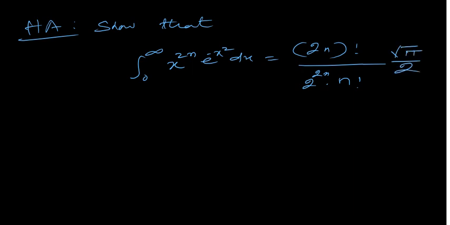For n equal to 0, 2n factorial divided by 2 power 2n is equal to 1, and this is again the generalization of the Euler integral. So this holds for all n equal to 0, 1, 2, and so on.